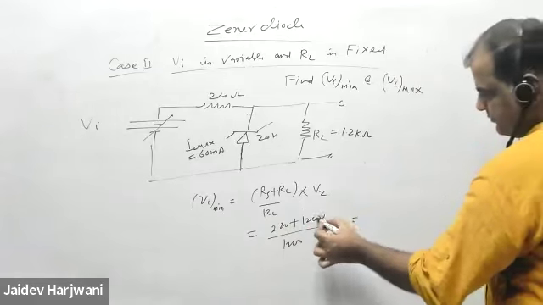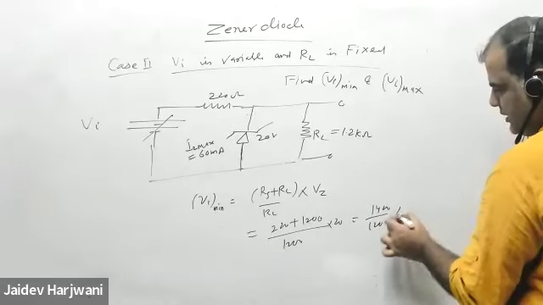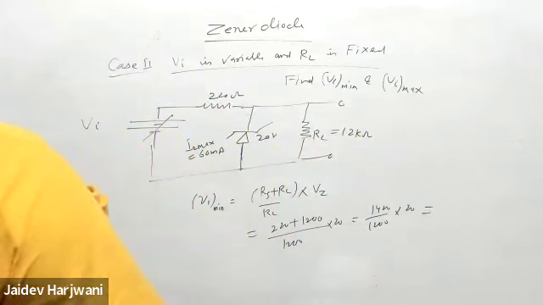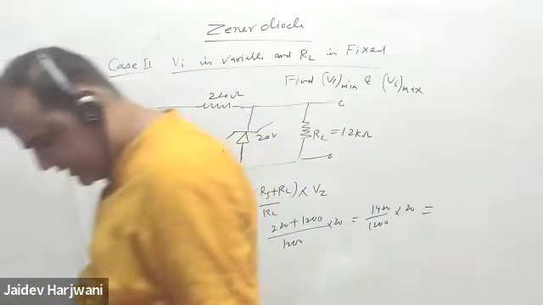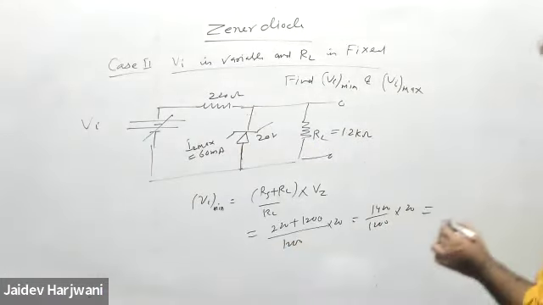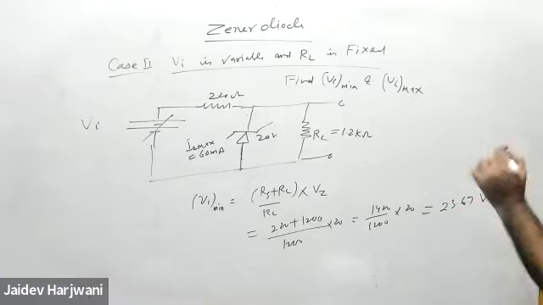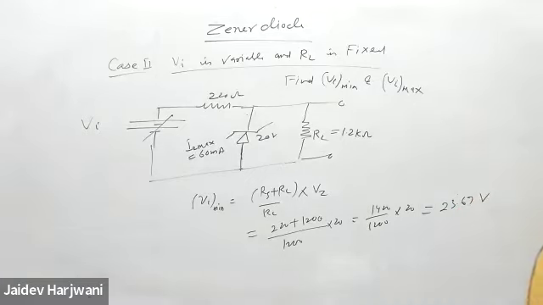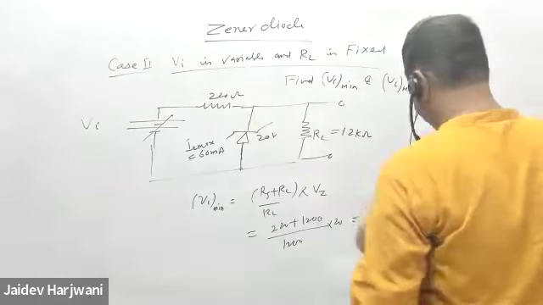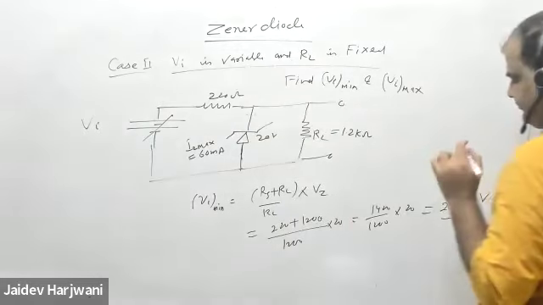This becomes 1420 upon 1200 into 20. How much is it coming? 23.67 volt is the value of V minimum. And if your value is greater than this one, the diode starts conducting.